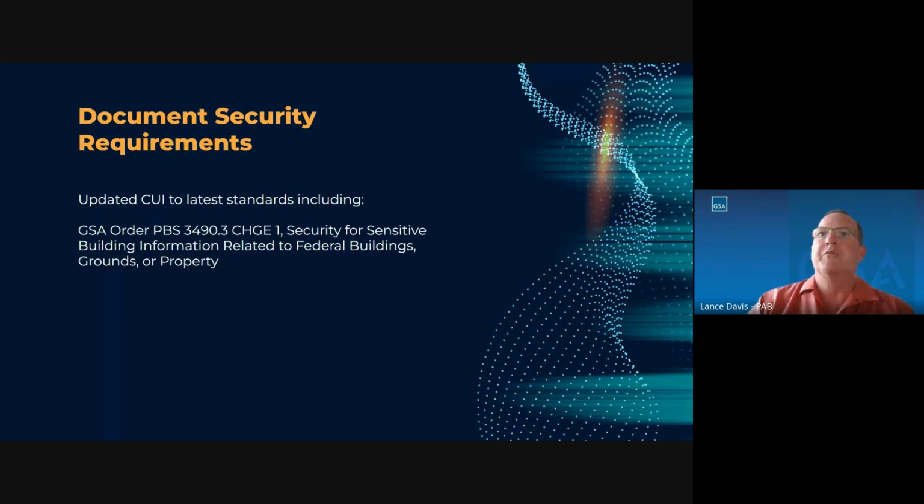A couple other items as we move into some of the changes that we've done in the appendix. We did update some of the CUI information, classified or unclassified, to the latest standards, including the new PBS order that came out on this particular item. And I also want to make sure that project managers take a moment to actually read through this and understand CUI and how it relates to their projects.